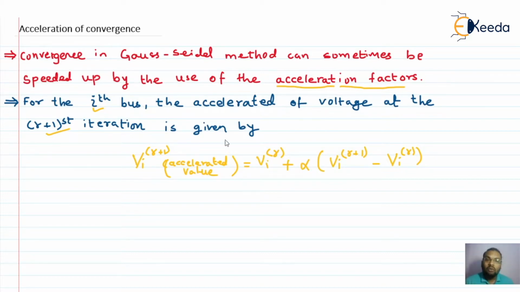Now the question arises regarding alpha, because we will definitely have the voltage at the ith bus in the rth iteration, and we will have the other values again. First let me tell you that alpha is nothing but the acceleration factor.